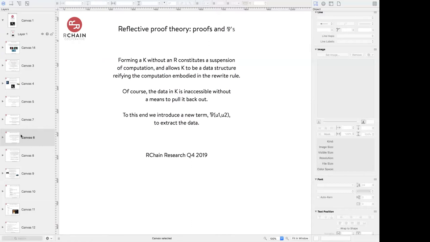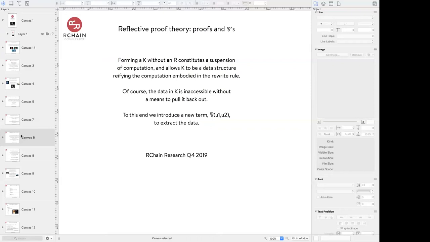It has everything you need to do beta reduction, but you can't do it because you don't have the R to enable that reduction. Or the same with COM. You have your PAR of a for comprehension and an output, but you can't run it because you don't have an R. So you're suspending the computation, but that suspension has all the data in there that you would need to actually perform a rewrite.